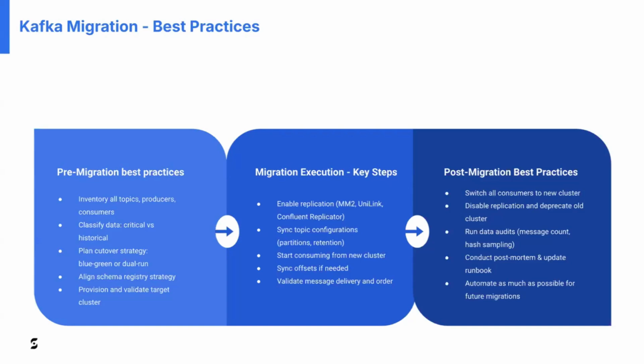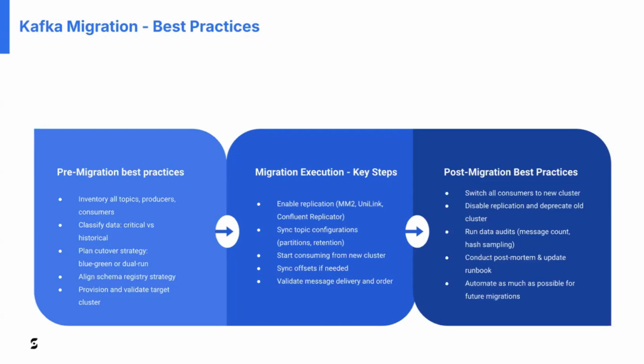You'll also want to ensure topic configurations match. I mean the same number of partitions, compaction policies, and retention windows. Don't just copy topics, but configure them intentionally, right? Next step is to shift consumers, but slowly, one team or use case at a time, to read from the new cluster.